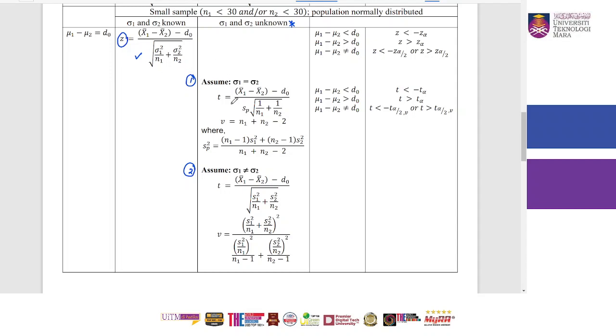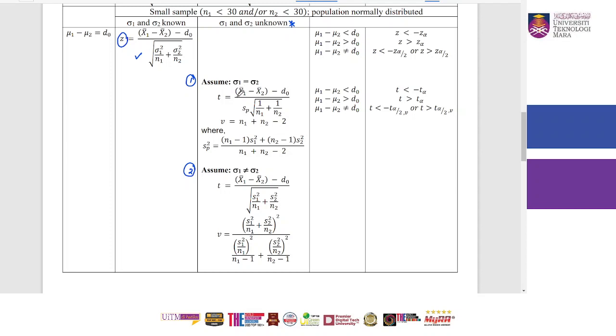So that means in order to use the T statistic to determine the difference between the two means, you first need to determine whether the variance are equal or the variance are unequal. Okay, so itu yang you kena buat dulu. So before you proceed with the next step, you need to check on this one first.